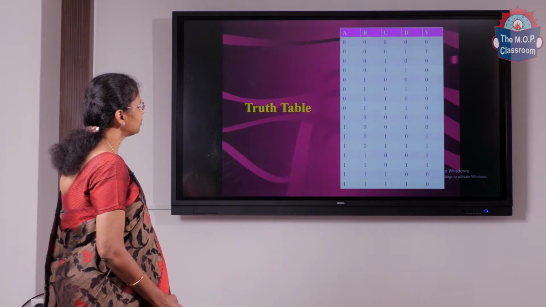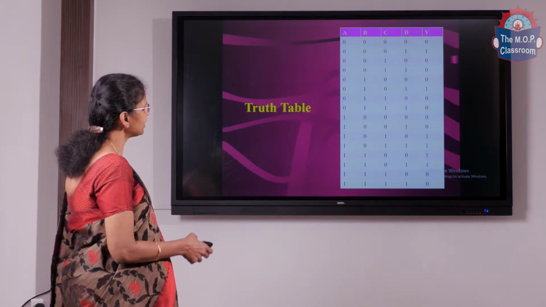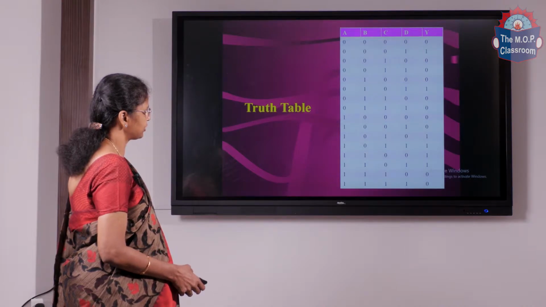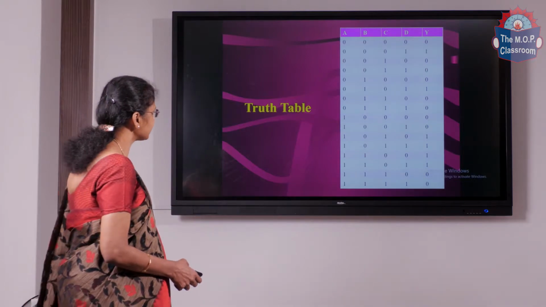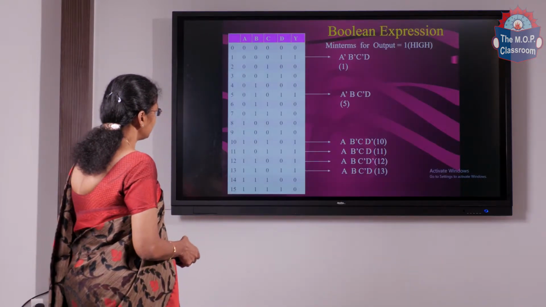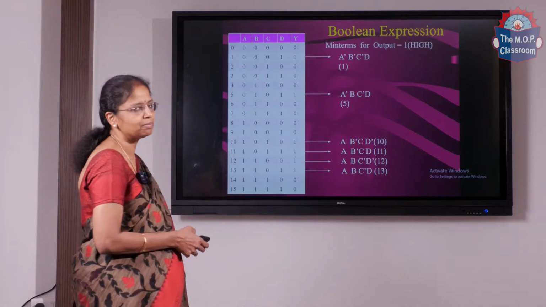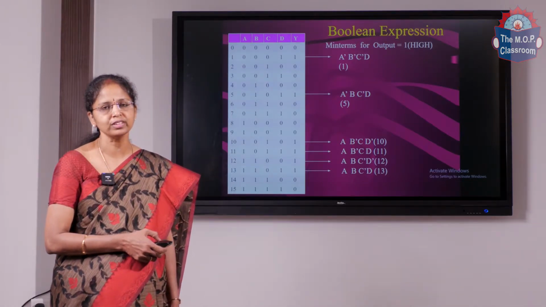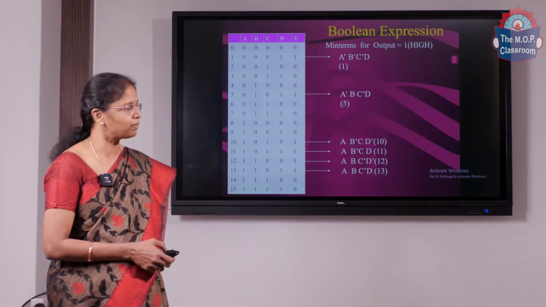Now, for the gray code generation circuit, the output is high for certain input conditions. Based on this, we are going to write the Boolean expression. Before writing the Boolean expression, we have to identify the minterms for which the output is high. What is a minterm? A minterm is a fundamental product.